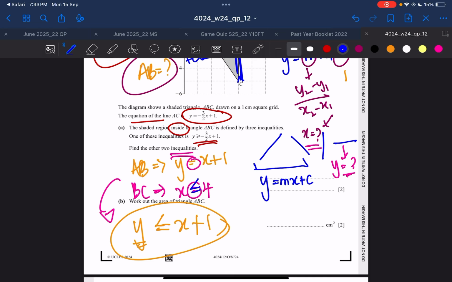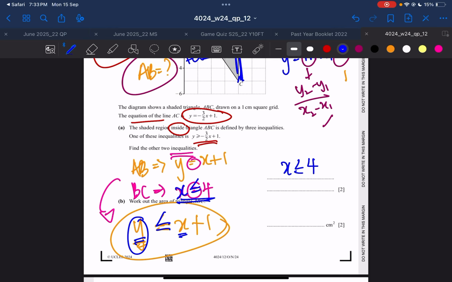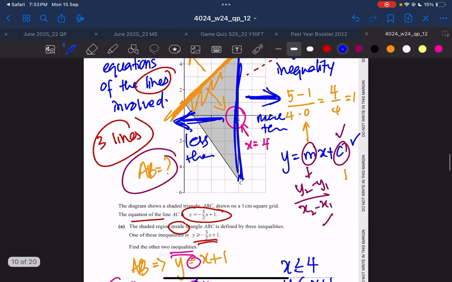If there is a y, we follow where y is, like just now, y is less than or equal to. But in this case, the subject will be x. Okay, x less than or equal to 4. So that should be our answer. Okay, so just to finalize our answer, it's x less than or equal to 4, y less than or equal to x plus 1. Alright, so I hope that's clear enough for you.